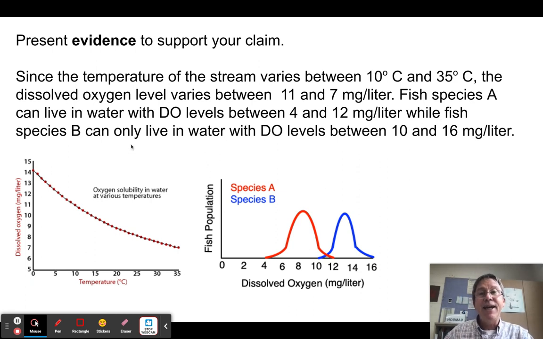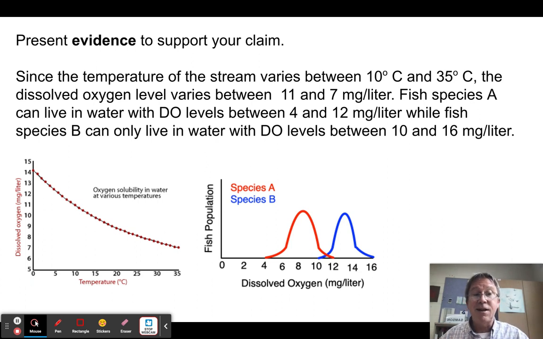Fish species A can live in water with DO levels between 4 and 12 milligrams per liter, while fish B only survives in water with DO levels between 10 and 16. So I've presented you with the evidence. There it is. That is the evidence on which I based my claim statement.